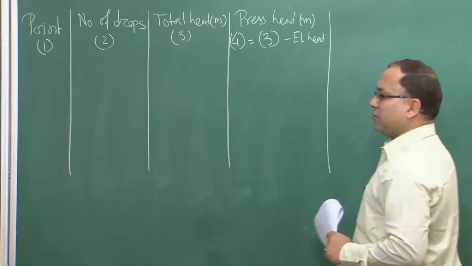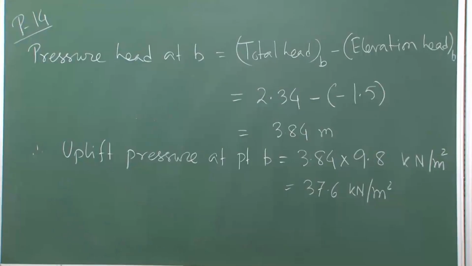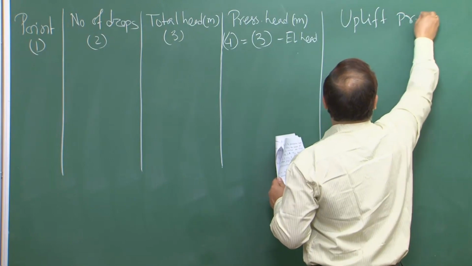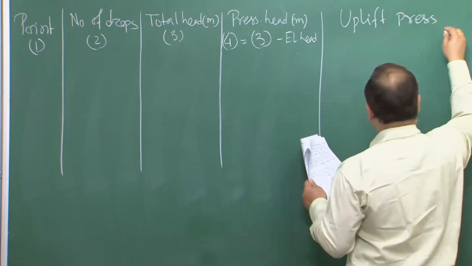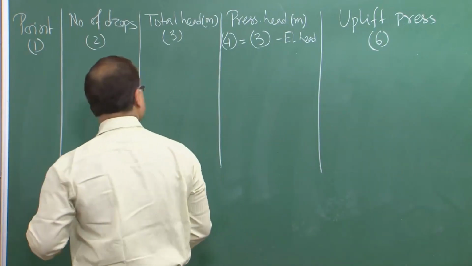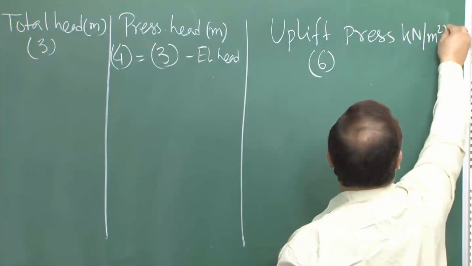Already we have seen this when we solved for point B, and then you can calculate the uplift pressure, that is say column 6, in kilonewton per meter square.